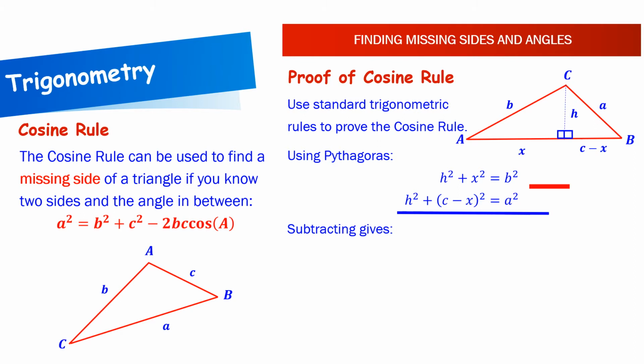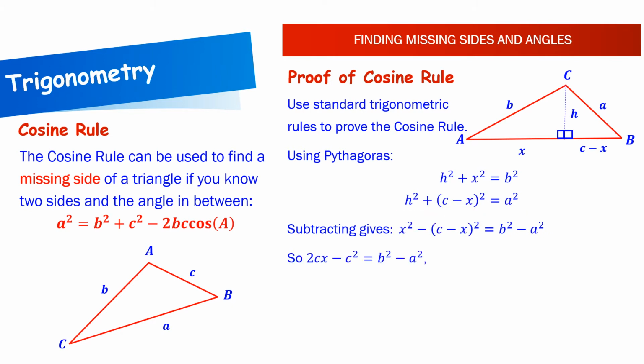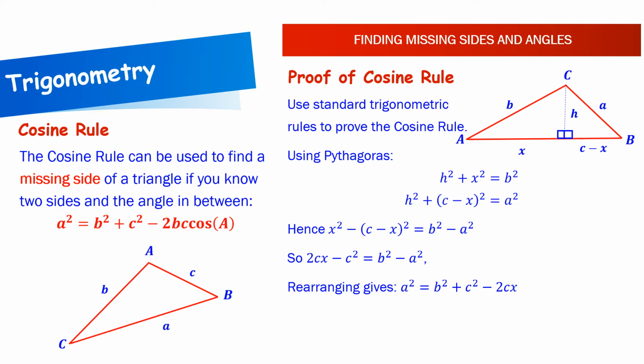If we take one equation from the other as shown, we have x squared minus (c minus x) all squared equals b squared minus a squared. So tidying up and rearranging gives us 2cx minus c squared equals b squared minus a squared. And rearranging gives a squared equals b squared plus c squared minus 2cx.